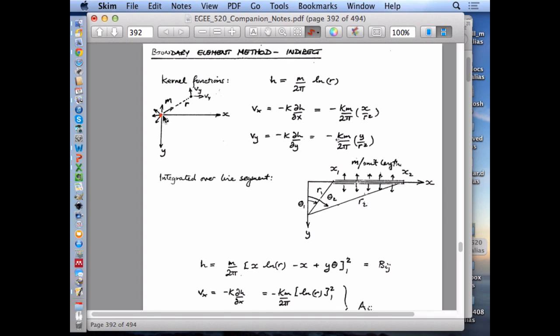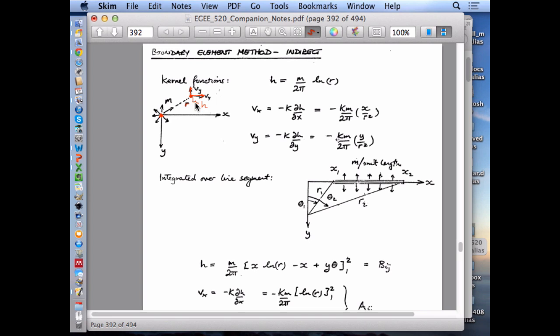So this is a 2D problem. So this is a line source, so it would go infinite distance into the page or into the board, or the screen, I guess. And as a function of this source, you can figure out exactly what the velocities of flow that are reduced at some location a distance r from it are, and also what the head would be at this.